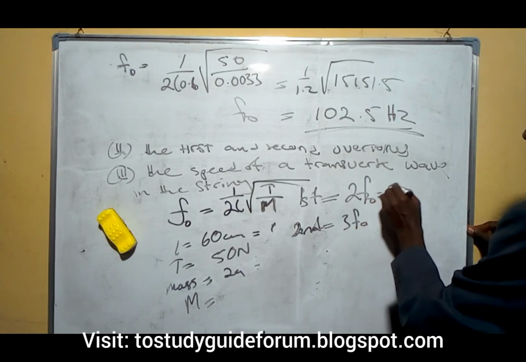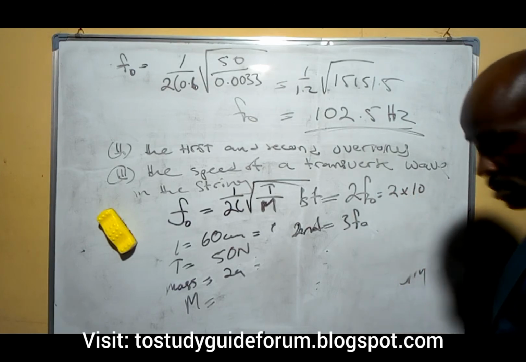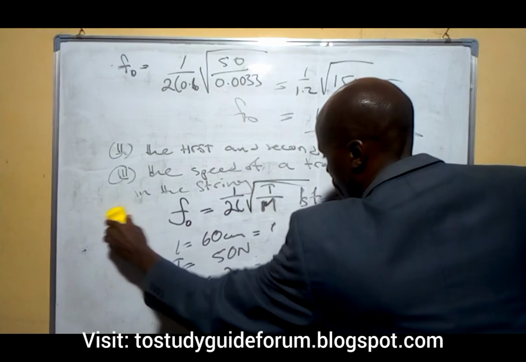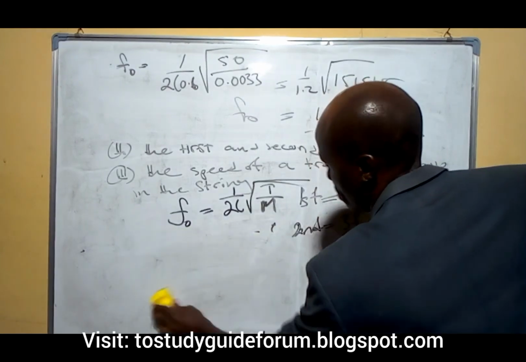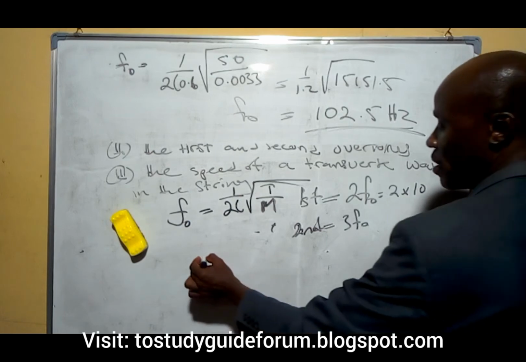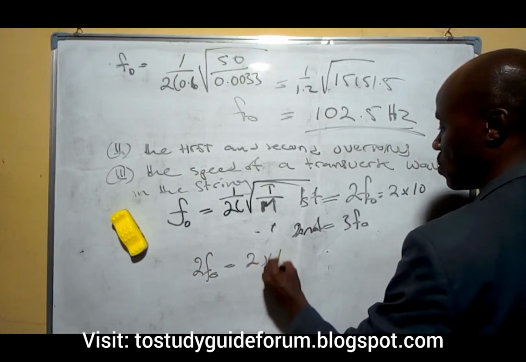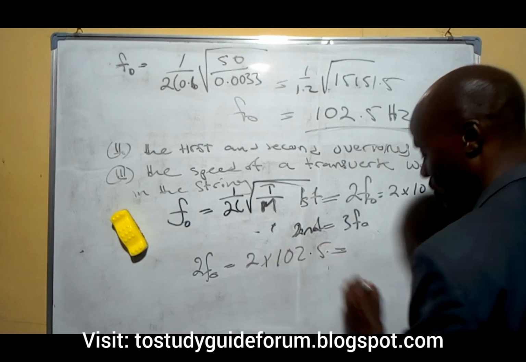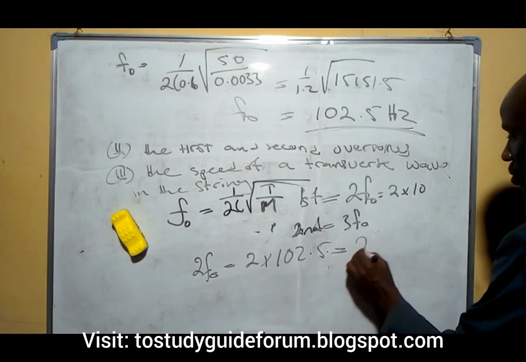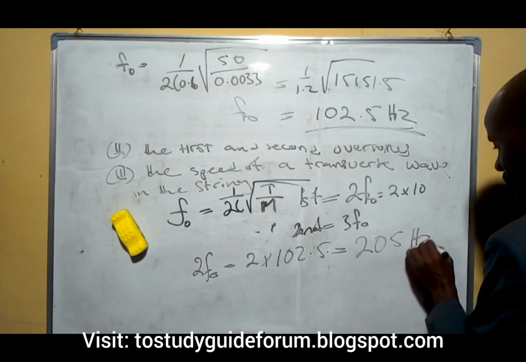We have 2 times 102.5, which is equal to 205 hertz approximately.